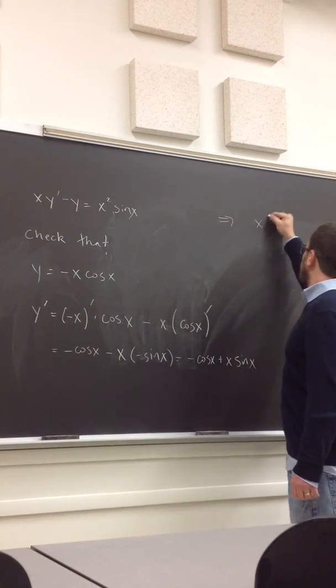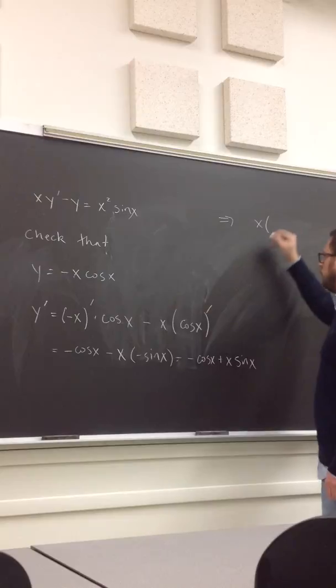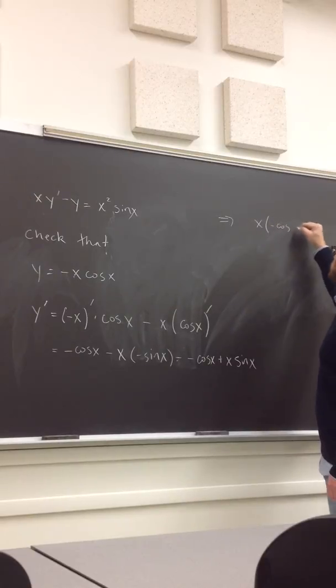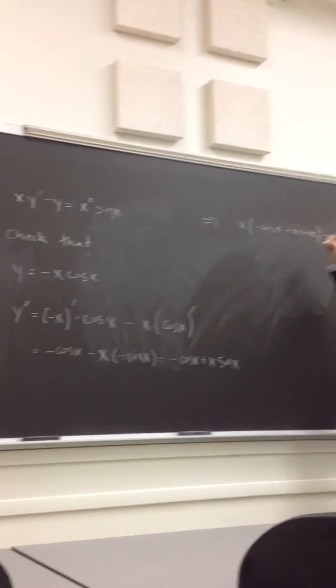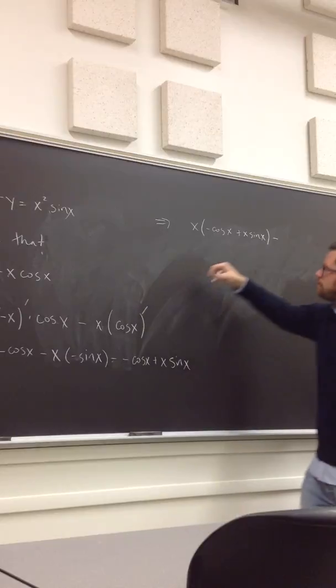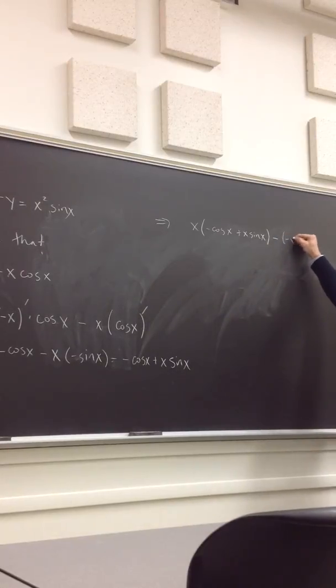So we've got x times, here's the derivative, minus y, here's y. And we're checking to see that this matches precisely x squared sine x.